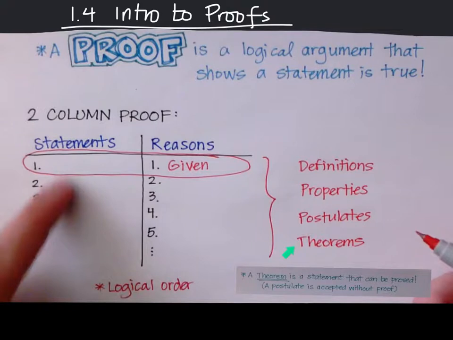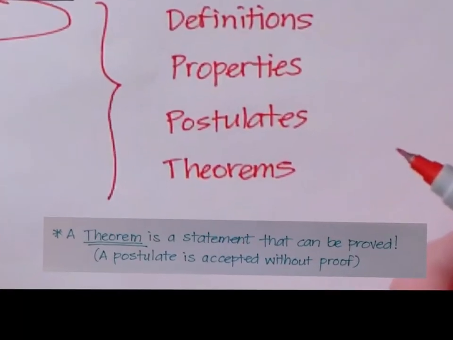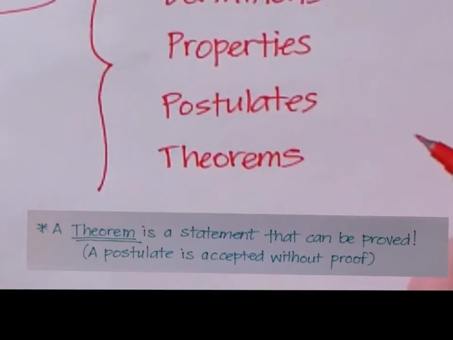So you may want to, well, you need to have this little image drawn out for yourself in your notes. And then we can make a side note about postulates and theorems. So let me zoom in here on this definition. And that is that a theorem is a statement that can be proved.